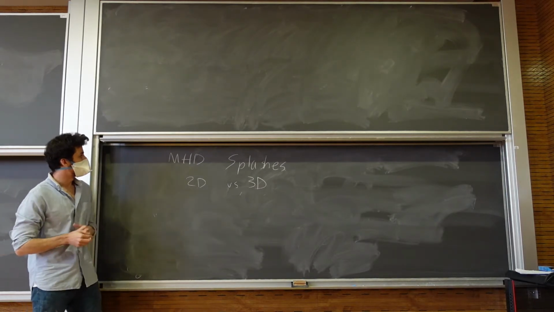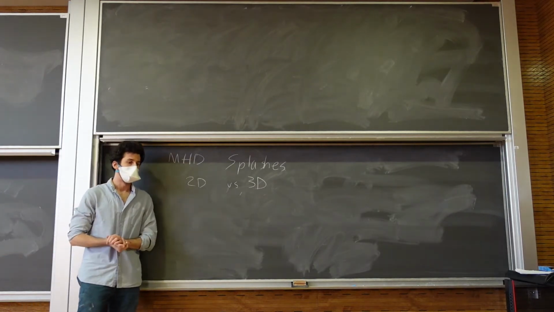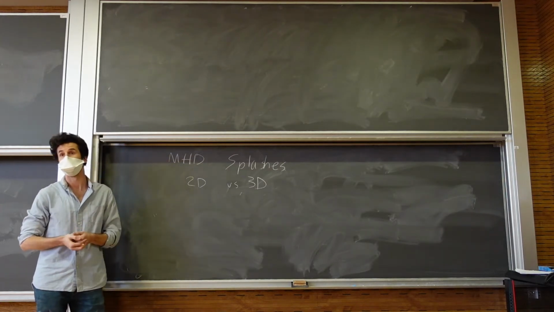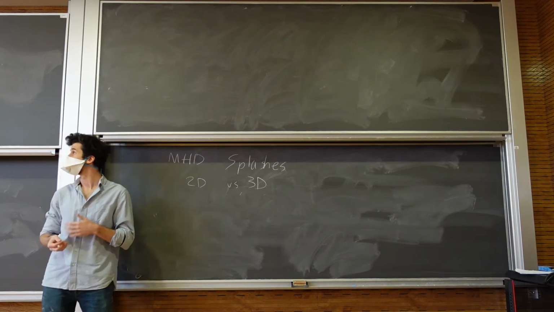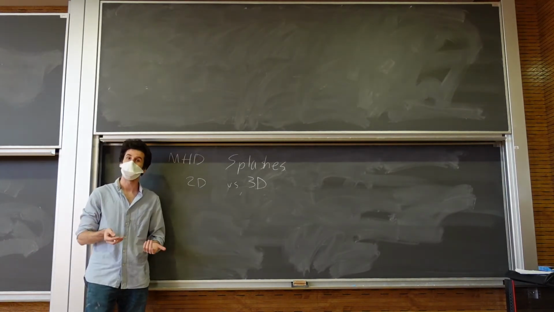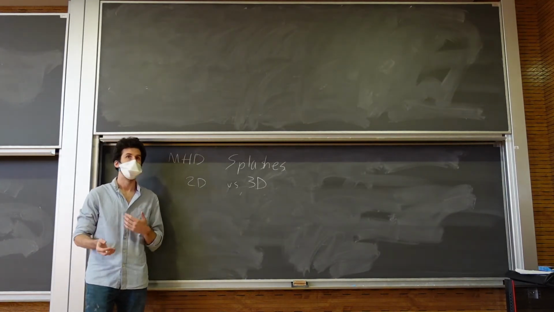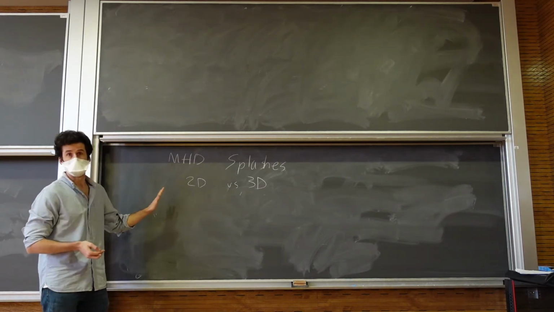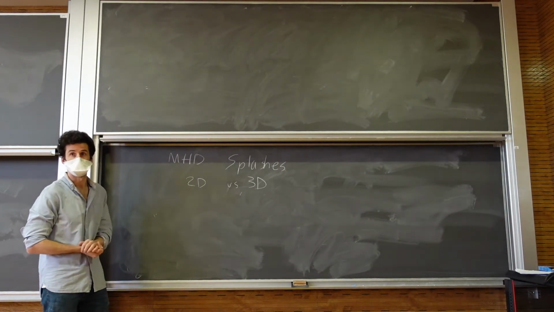But I'm going to try to make the case that for this problem, the 3D dynamics are especially interesting, and I hope by the end of the first half I'll have convinced you of that. So the first half is just mainly motivation for this type of problem, for the 3D as opposed to 2D, although the 2D problem is also very interesting.